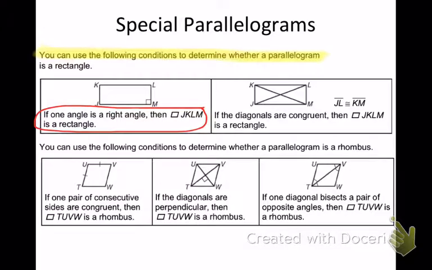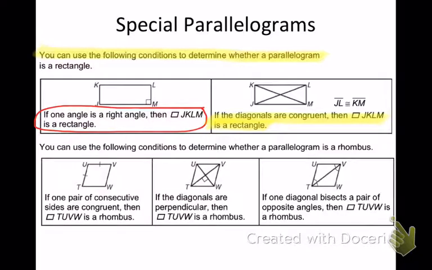Why? Because if M is 90 degrees, L has to be 90 degrees, which means J has to be 90 degrees, which means K has to be 90 degrees, based on the properties of parallel lines. Which is true. If the diagonals are congruent, then it's a rectangle. So if you have a parallelogram and the diagonals are congruent, then the shape is a rectangle.